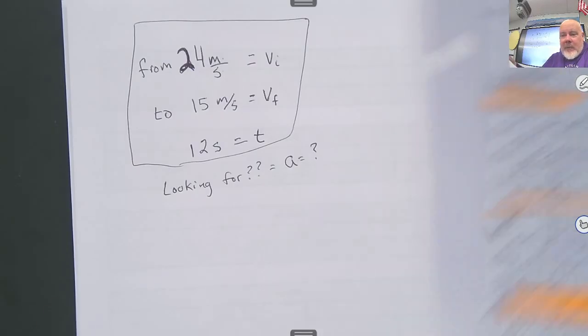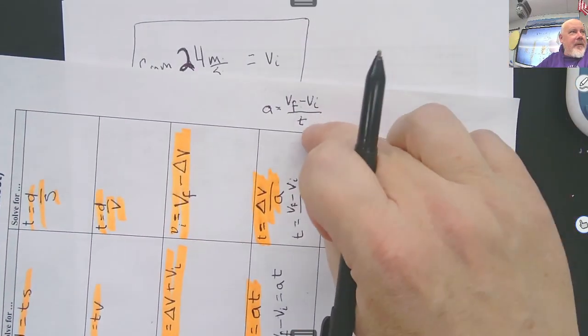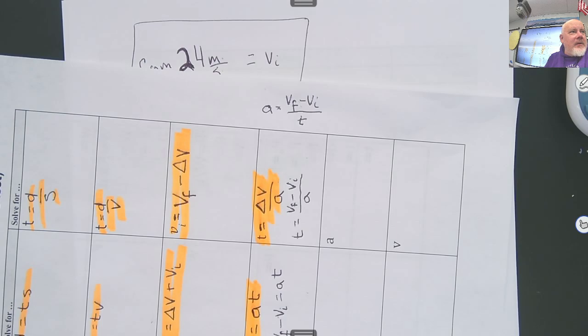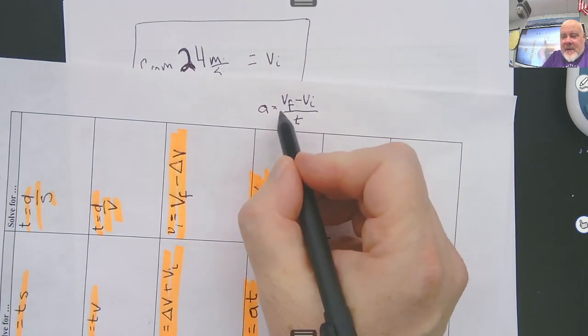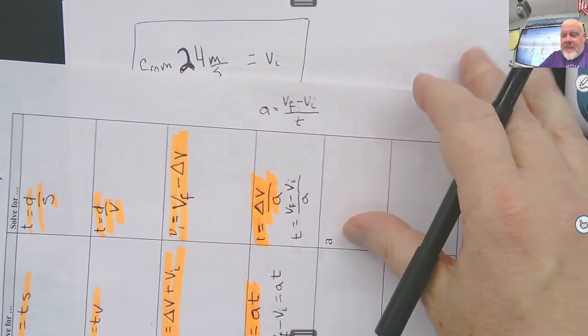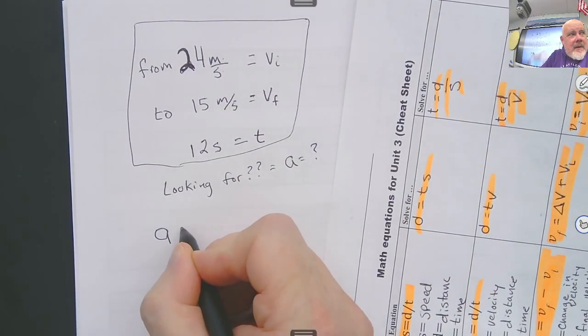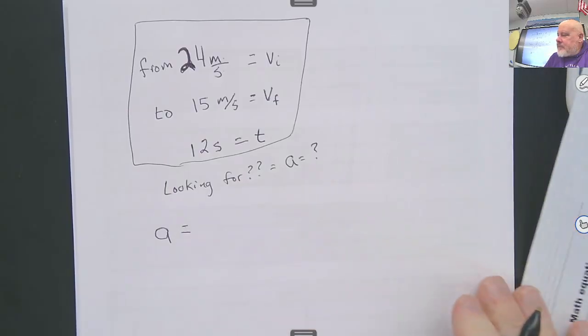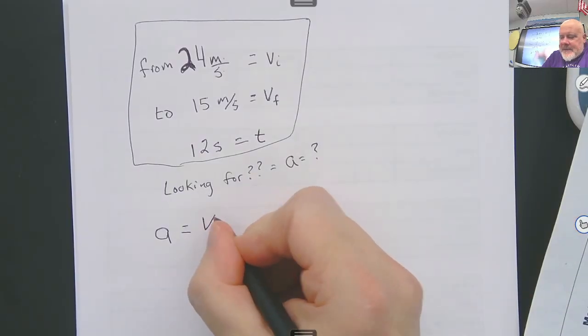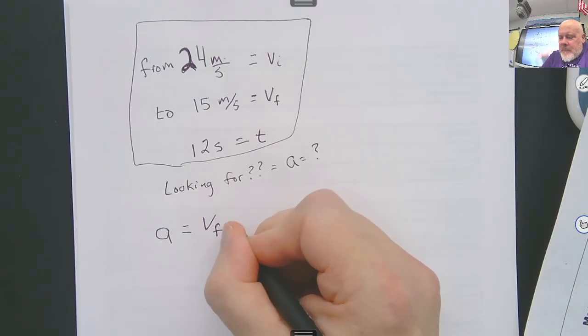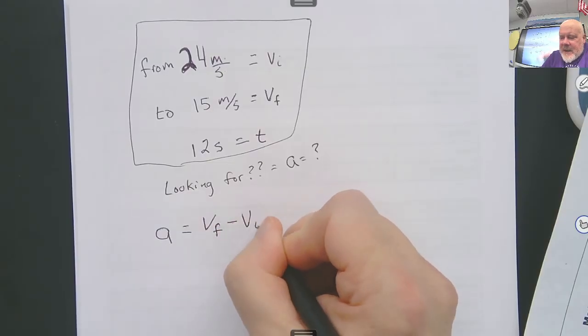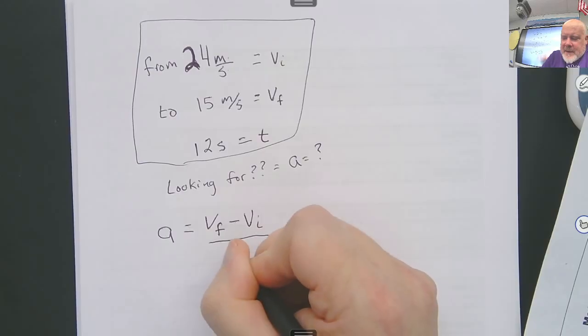So that really would be using this formula right here. A equals change in velocity, which is velocity final minus velocity initial, divided by time. All right, so A equals velocity final minus velocity initial divided by time.